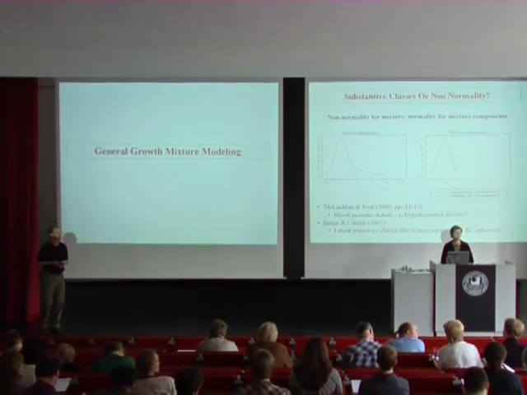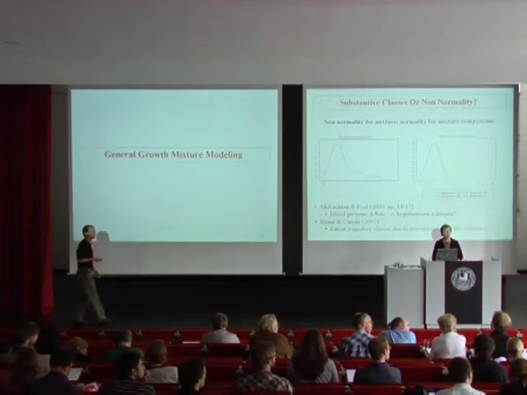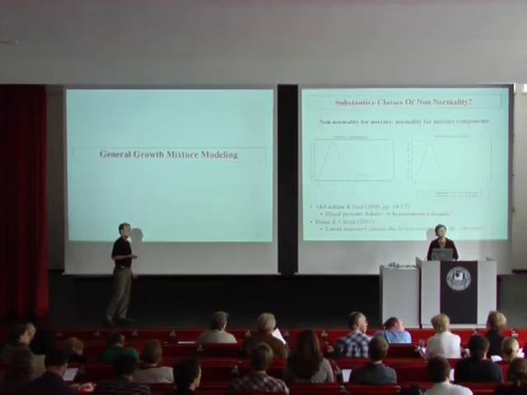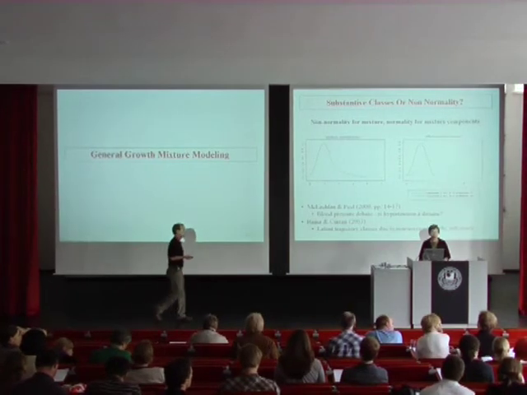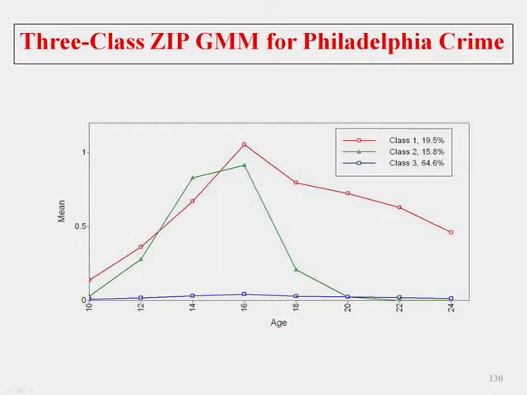One more question about the 3 classes, the life course persistent criminals, the adolescent misbehavior, page 130. There is the normal class, and it should have a slope of almost 0.